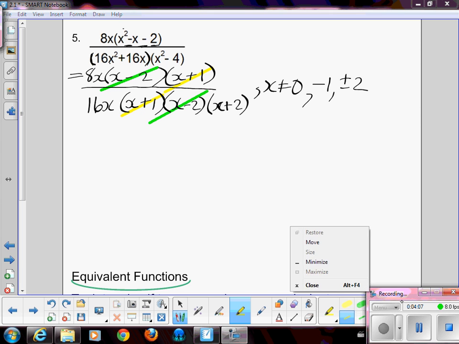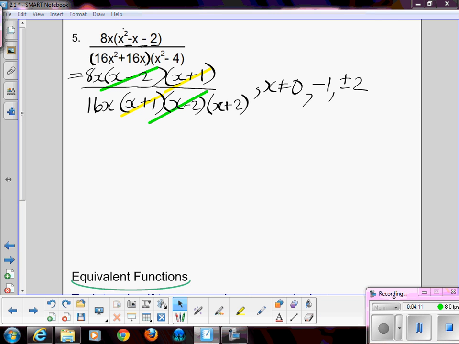So let's see what else I have here. We have an x, and then I have an 8 and a 16. So when we look at them, for instance, 8 goes into itself once, 8 goes into 16 2 times.